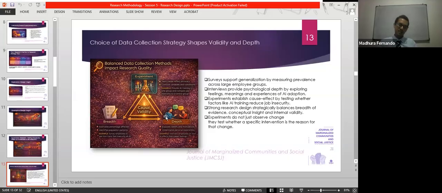Say in this breadth level, you have given your questionnaire to 200, 300 employees to decide the conceptual model and the cause and effect. You want to find out more details, specifically about the feelings, perceptions, and experience.